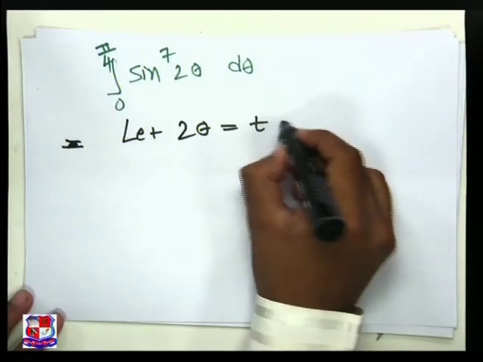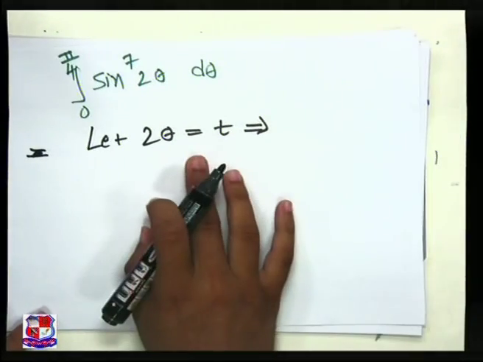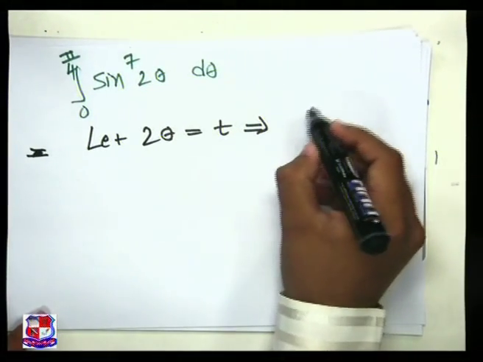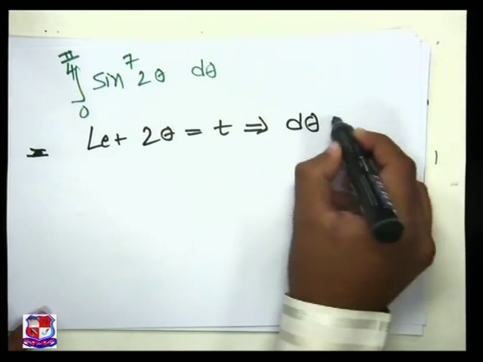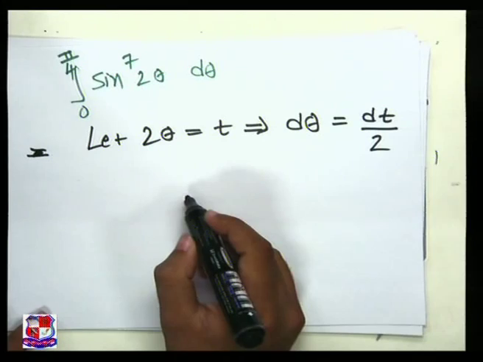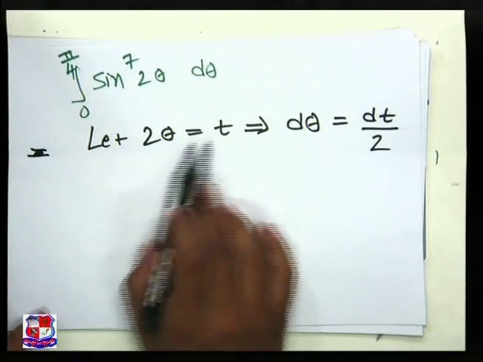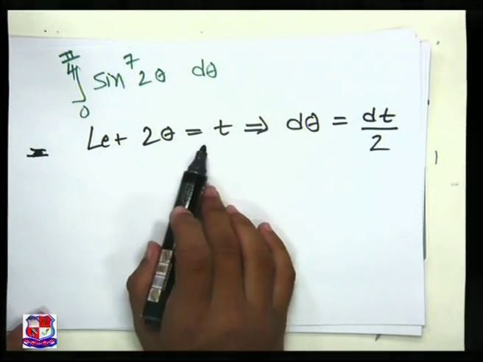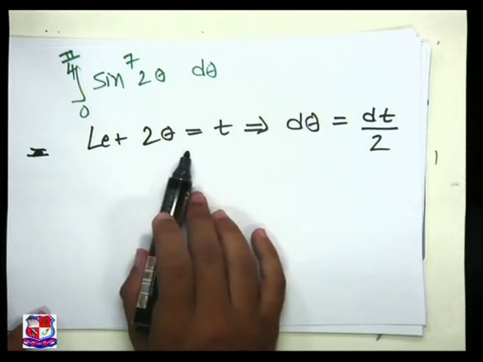Differentiating on both sides, 2 d theta is equal to dt.